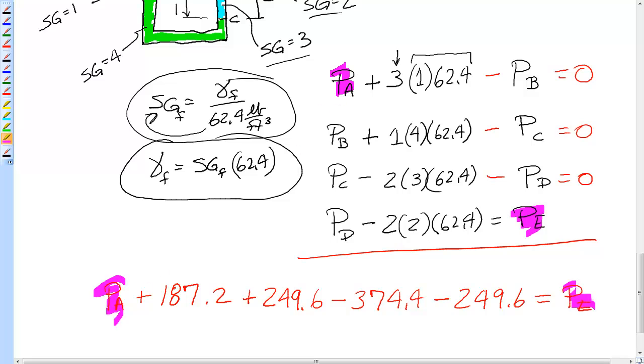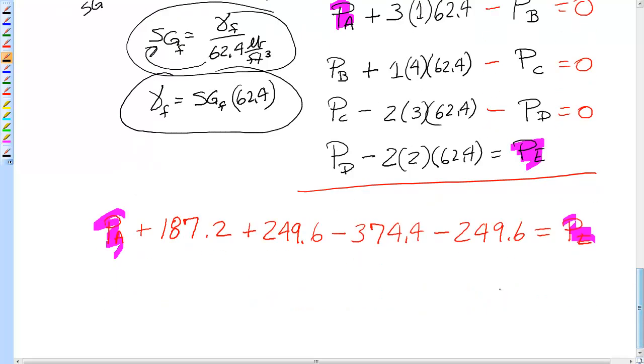Now notice this is what I had up here. If I'm looking for the difference, I have to move one of them to the other side. Since this one's conveniently already there, I'll figure out that I'm interested in PE minus PA.